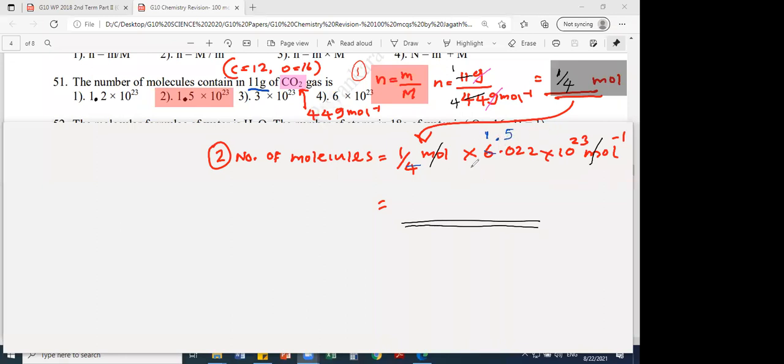If you can continue at least to 1 decimal place, they have given the answer maximum up to 1 decimal place. Therefore, we don't need to continue further. You can write the final answer now. Then you get the final answer 1.5 into 10 to the power 23. This one, no change. 10 to the power 23, no change. 1.5 into 10 to the power 23.